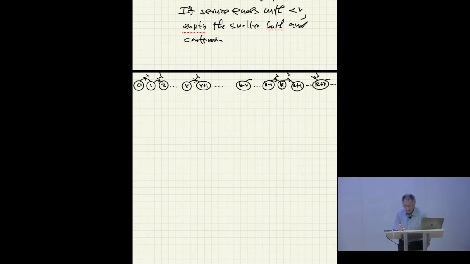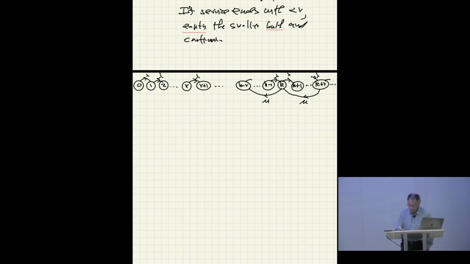K minus R, exactly, because the way I've drawn this, K is bigger than R, so I know there was at least R in the system. So all R are in service. So we're going to get a departure at what rate? Mu. Similarly, from K plus R, I'll come down here, etc.